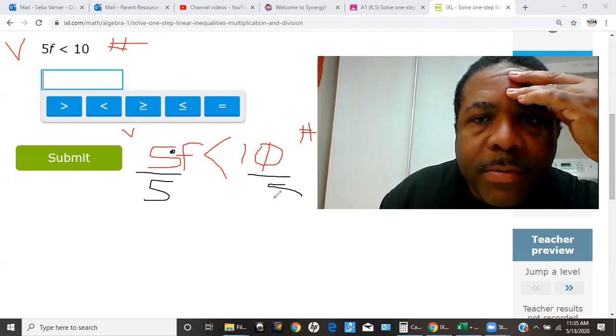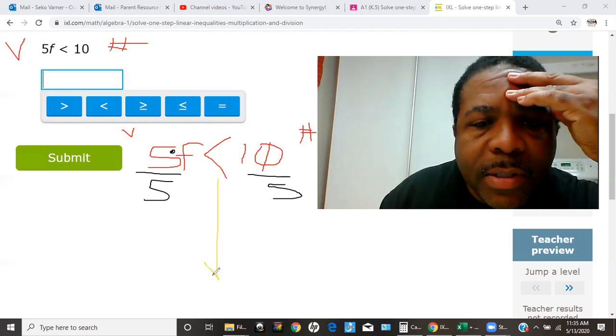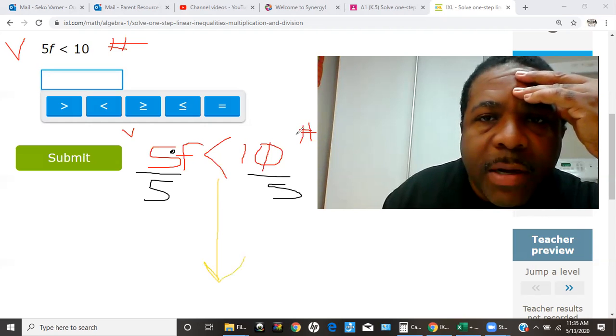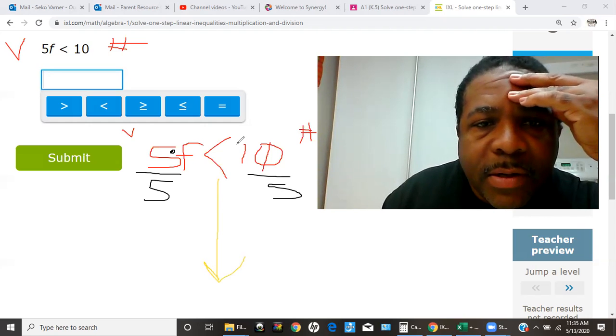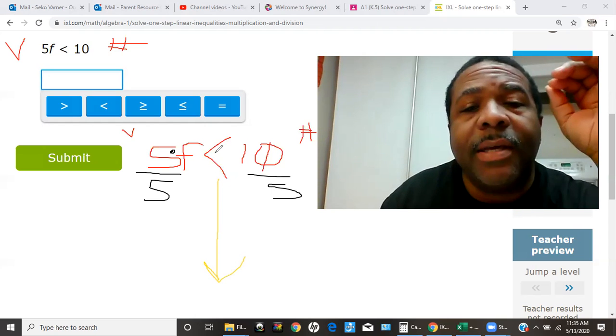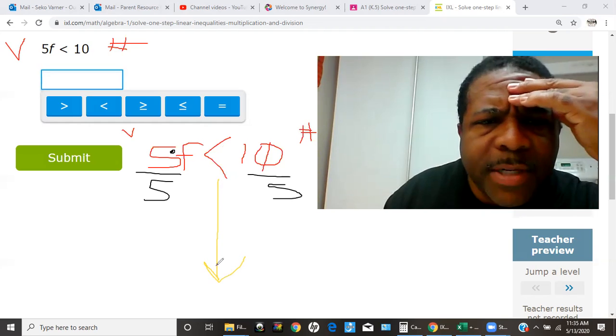If it helps you, you can draw a line so you can separate the two. Keep in mind that the less than sign, this inequality, drops down with you.